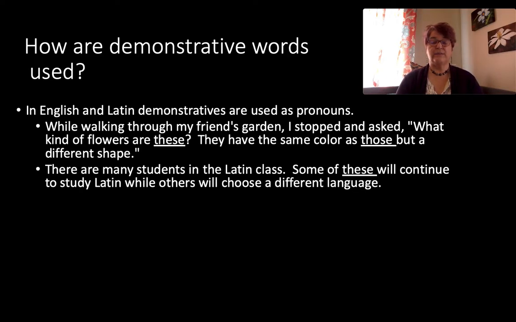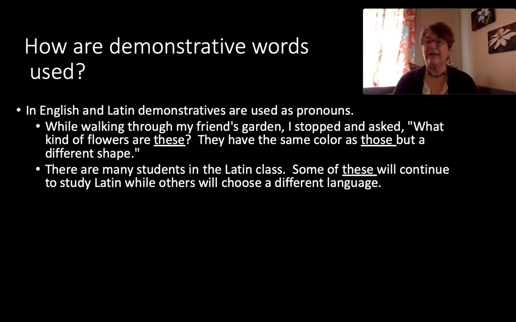If we look at these two examples in English, we can see that the demonstrative pronouns these and those are used to refer to an item that is either in the previous sentence or one that is located closely to it. In the first example, what kind of flowers are these? The these is referring to flowers.